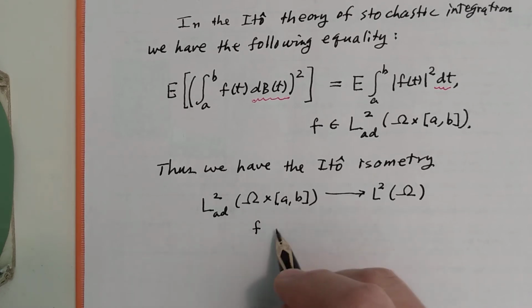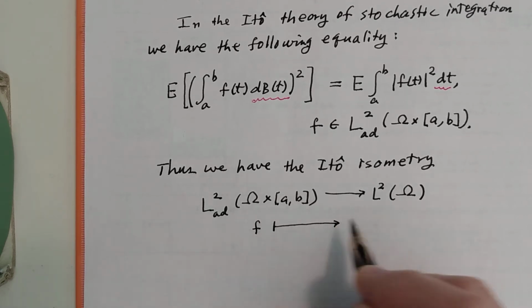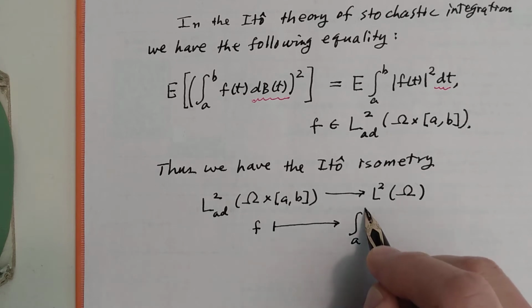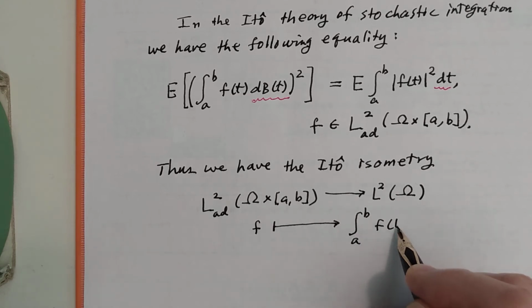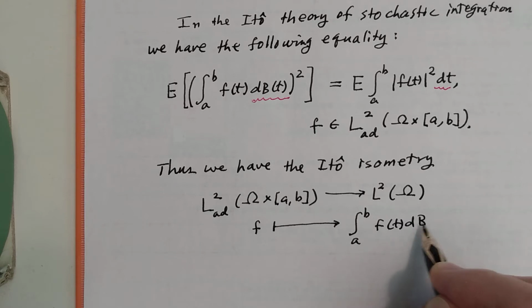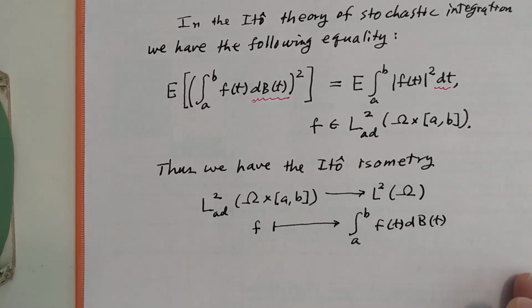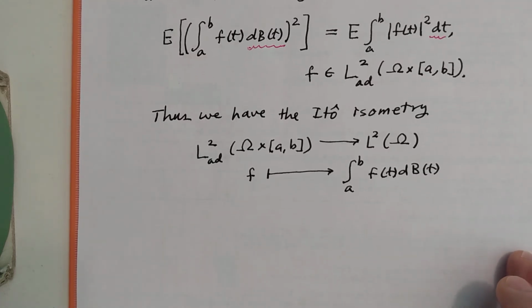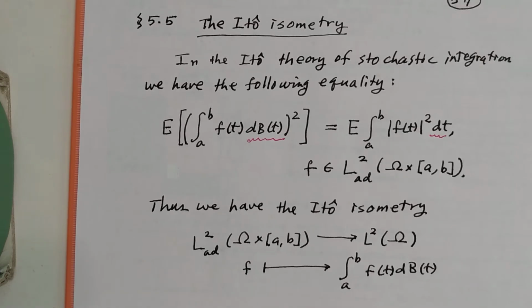And this correspondence, or this mapping, is from f to the integral from a to b of f_t dB_t. So this is the Ito isometry.